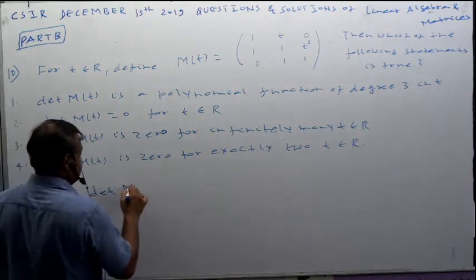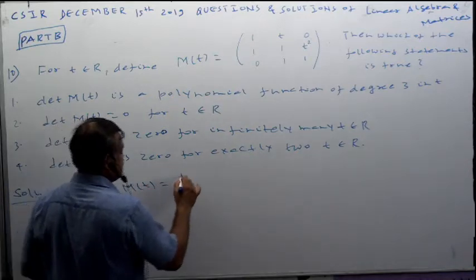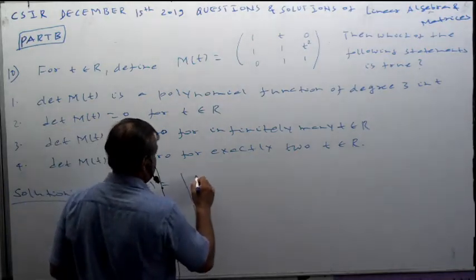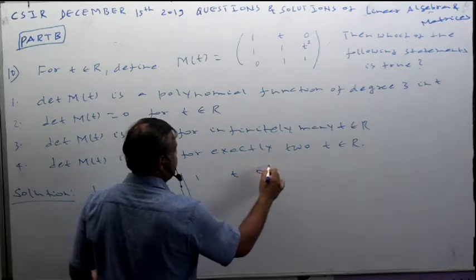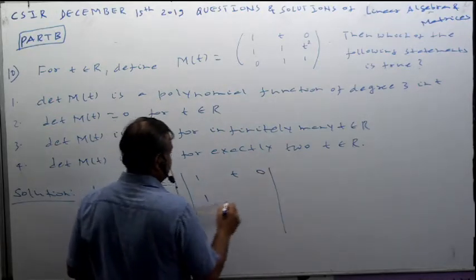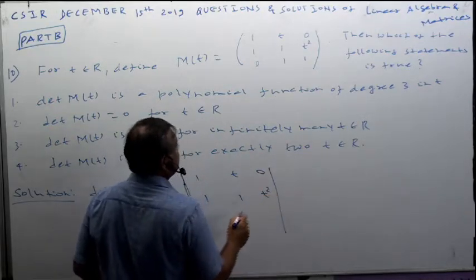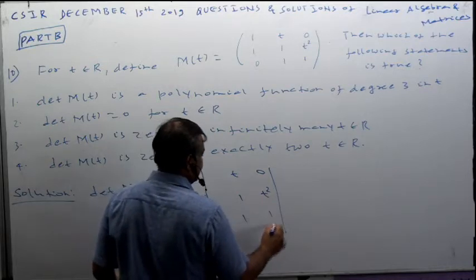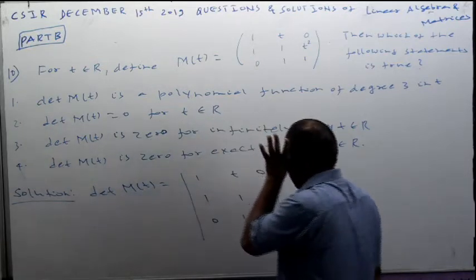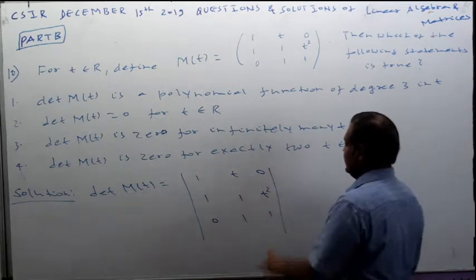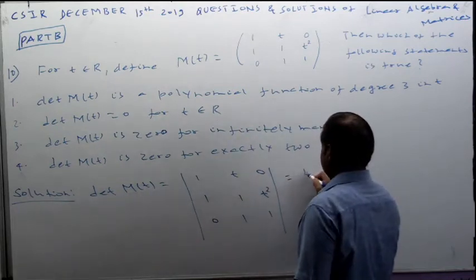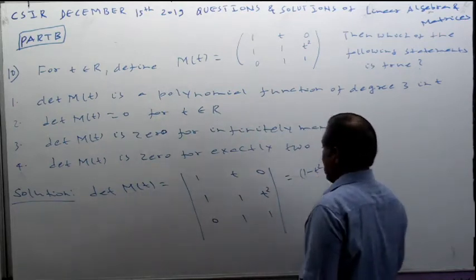Determinant of M_t, that is determinant of 1 t 0, 1 1 t square 0 1 1. How to evaluate? So simple. 1 into 1 minus t square, that is 1 minus t square. No tension.